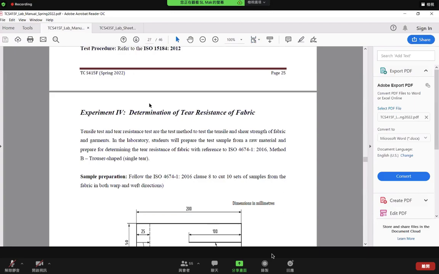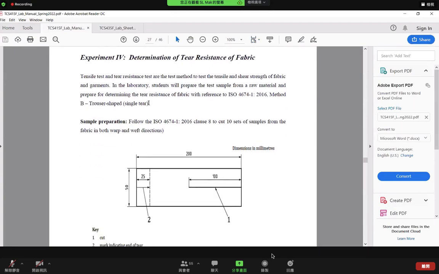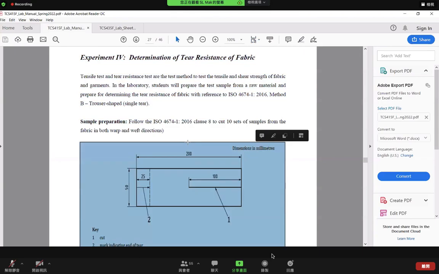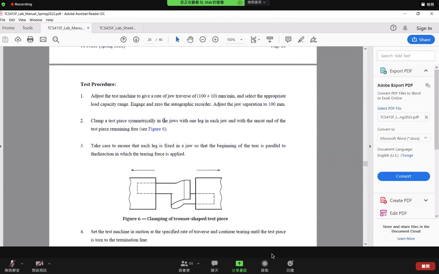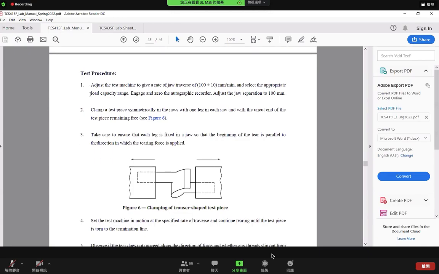Experiment 4, tear resistance of fabrics. Fabric will be provided. You are required to cut the sample, in both directions. And then follow this procedure to apply the tension and find out the tearing force.